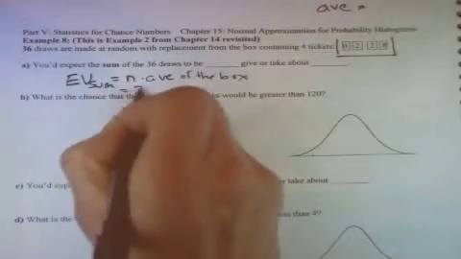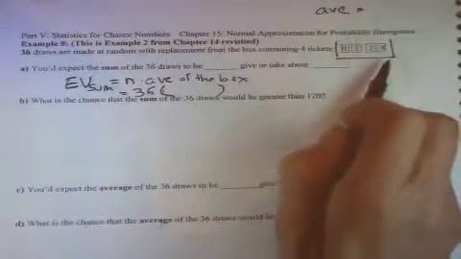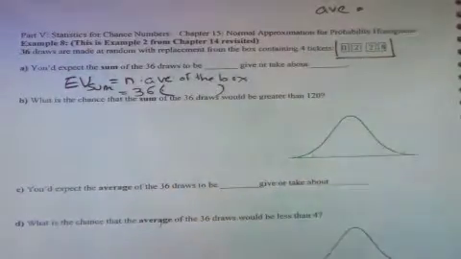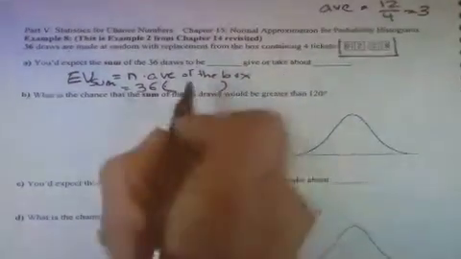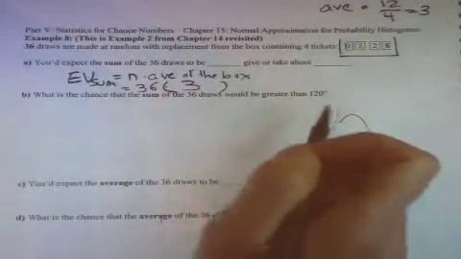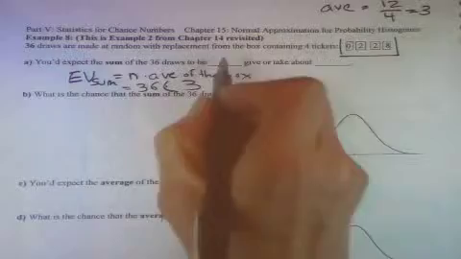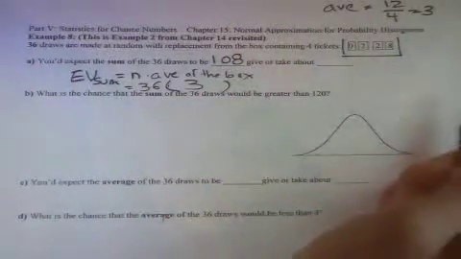So that's 36 times the average of this box, which isn't hard. 8 plus 2 is 10 plus 2 more is 12, divided by 4. So that's just 3. So that is 108.